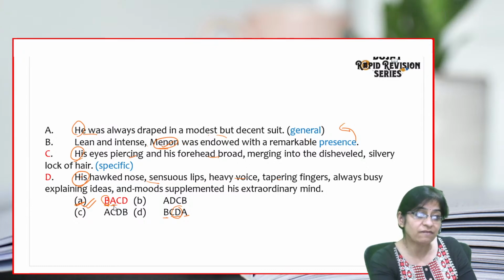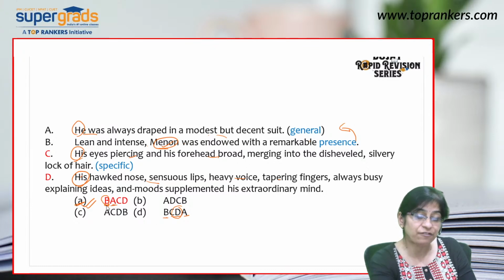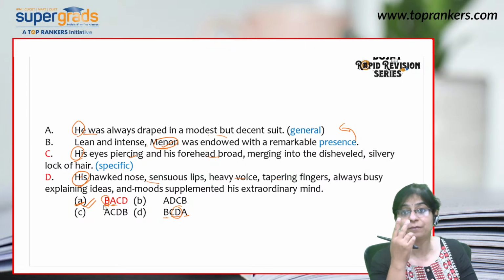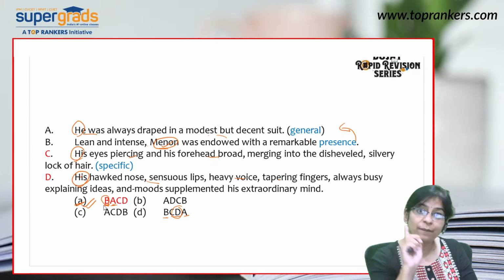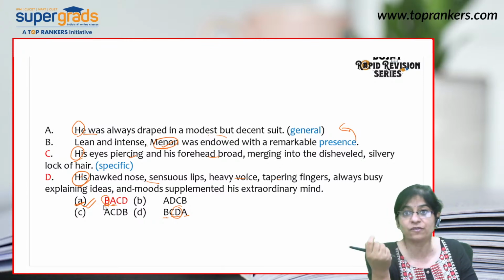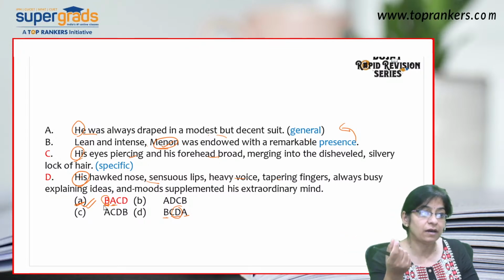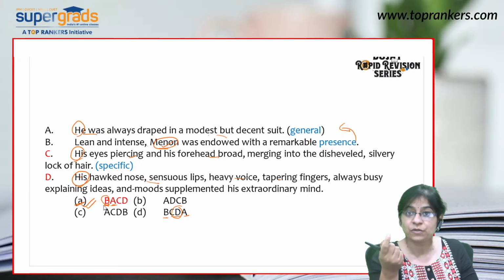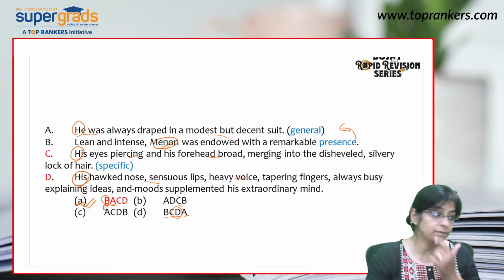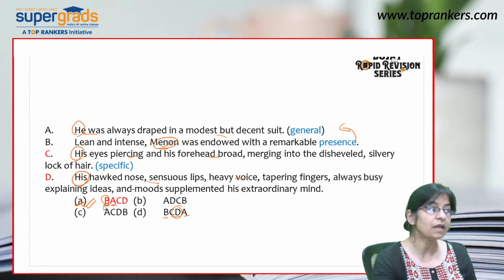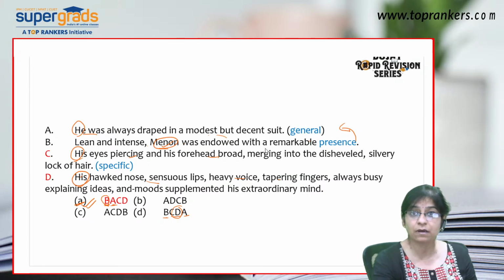The reason why A should be placed after B is that A is again a generalized statement, his overall appearance. And then C and D talk about specific parts of his body, only eyes, only forehead, only fingers, only lips or nose. So, general, then specific. Clear? That is the reason why we should choose A against B.